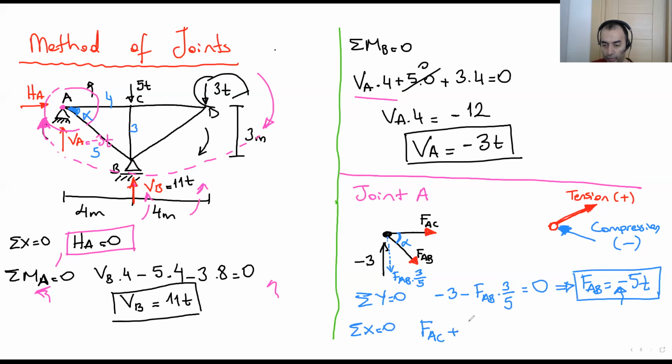FAB is -5 times cosine alpha, here 4/5, equals 0.